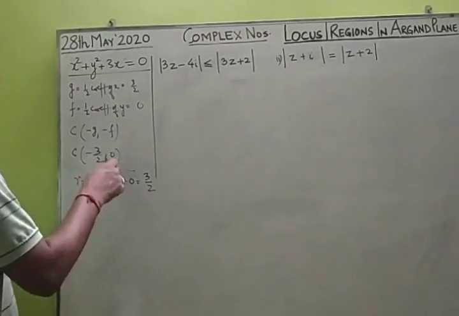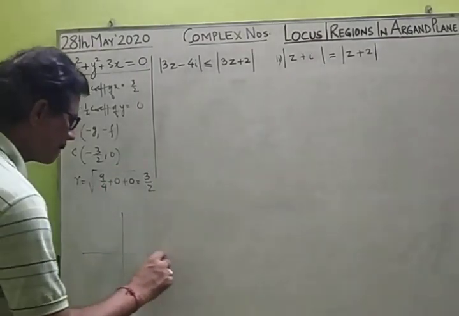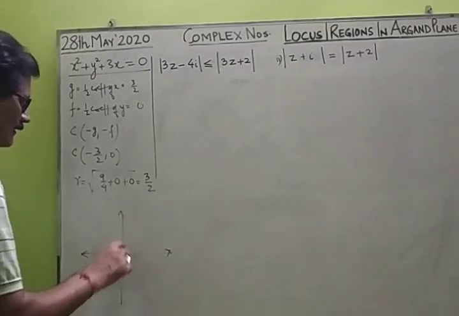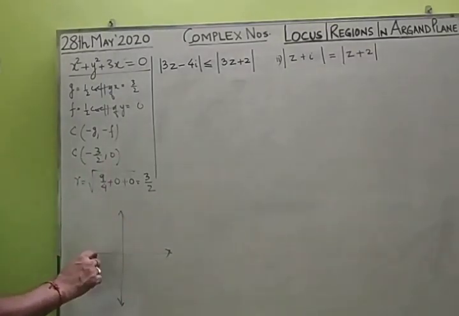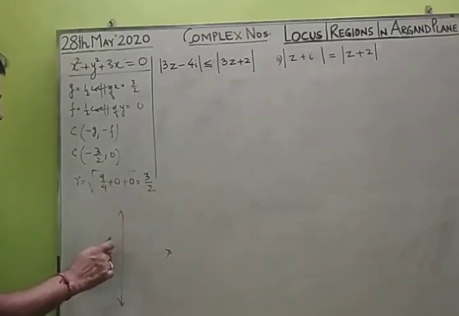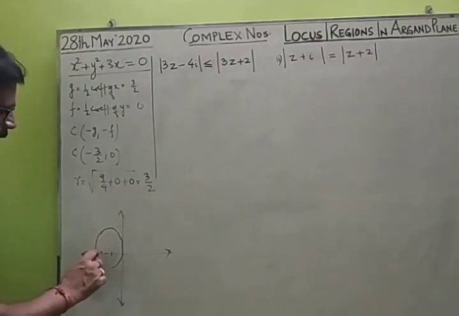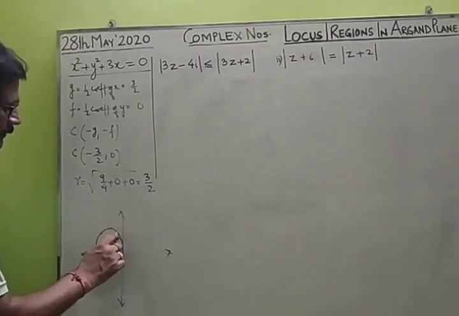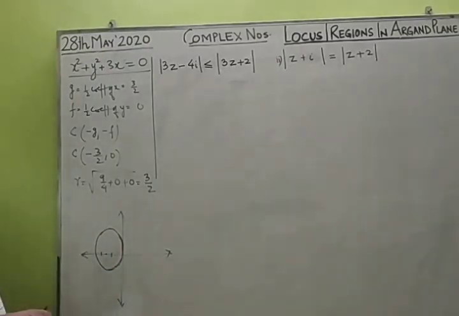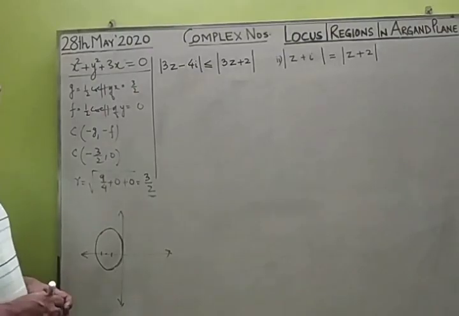If you plot this on an Argand plane, this will represent a circle with center as minus 3 by 2 comma 0, and since the radius is also 3 by 2, this distance is also 3 by 2, so this circle is going to touch the y-axis and pass through the origin. So this is the circle which will represent in the Argand plane with radius as 3 by 2 and center as minus 3 by 2 comma 0.